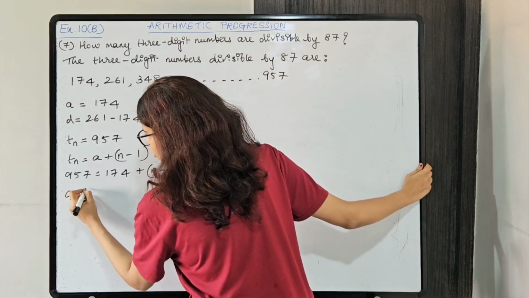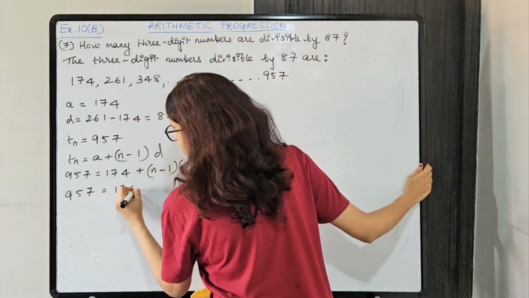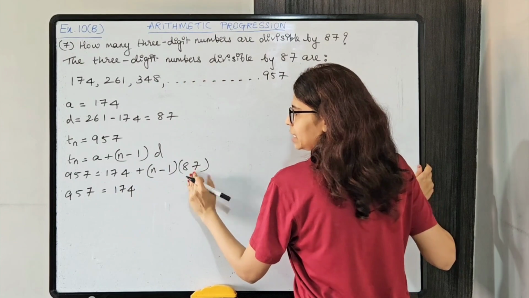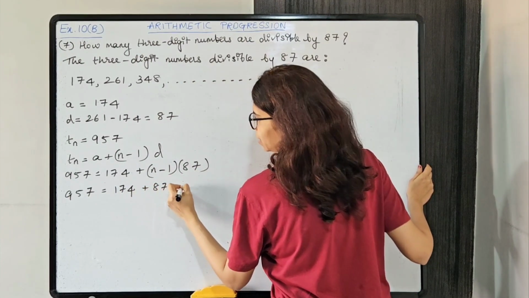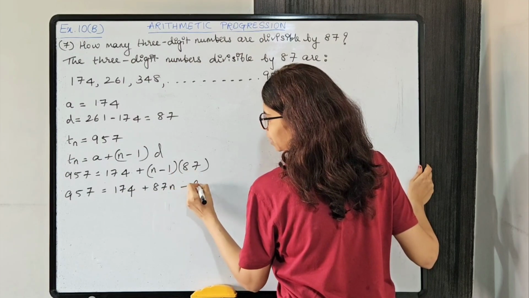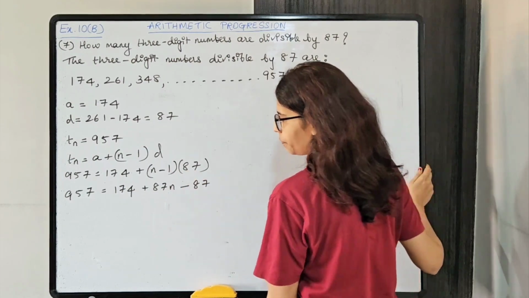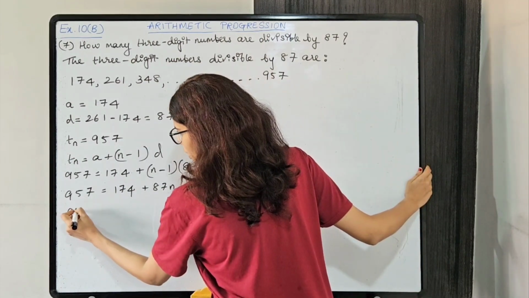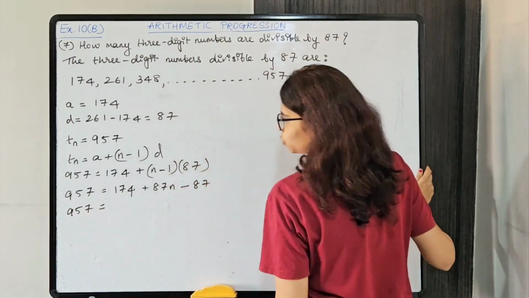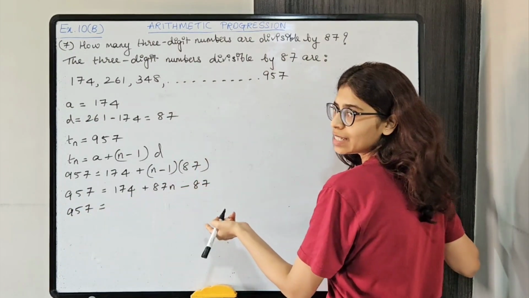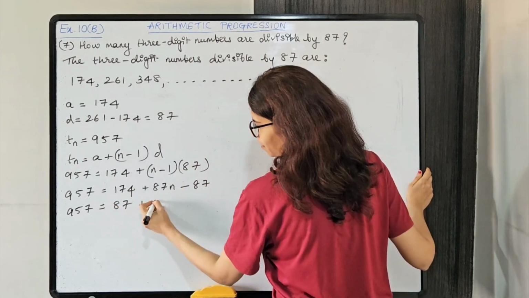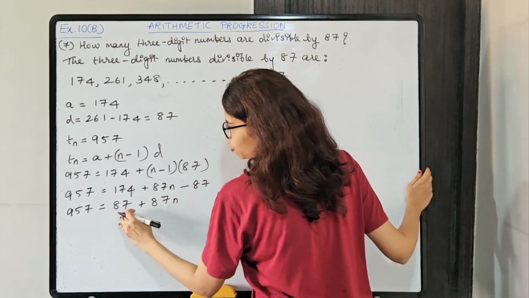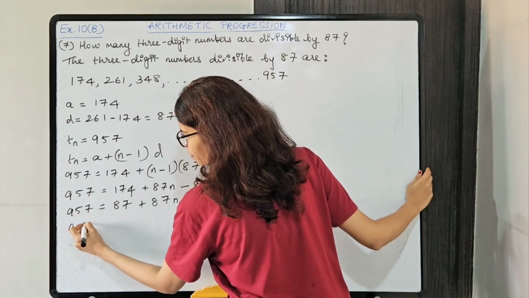So 957 is equal to 174 plus 87 into n, that will give 87n, minus 87 ones are, that gives minus 87. Okay. So 957 is equal to 174 minus 87, what will that be? 87. Shifting 87 on the other side.